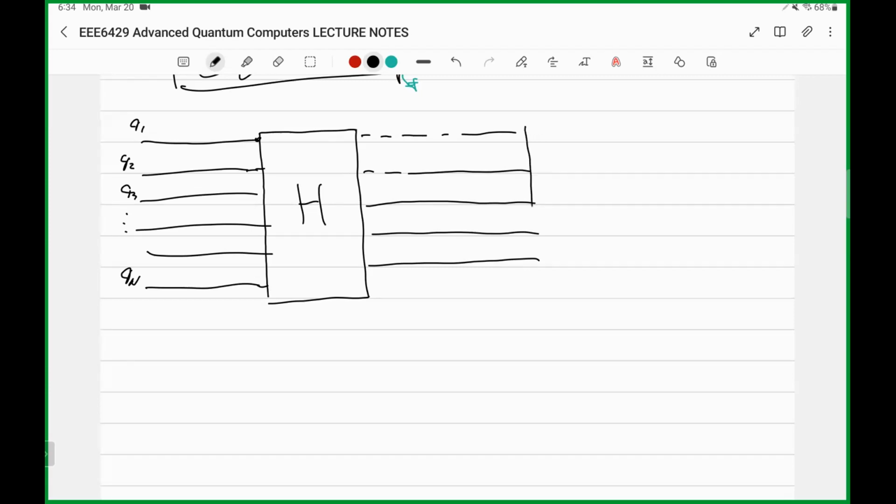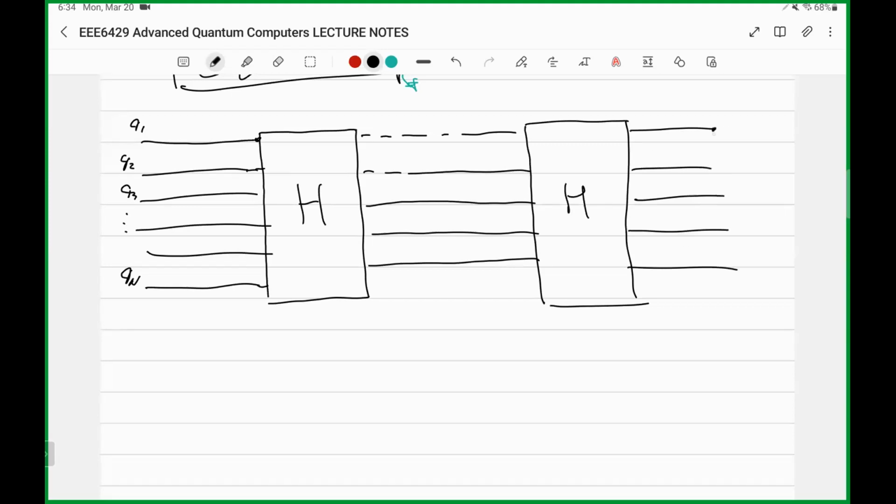Okay, and then I put another Hadamard gates to close the superposition, and then these qubits evolve out. So I have these out qubits. And according to our algorithm, I have to have something. Let's call this some function f, right?